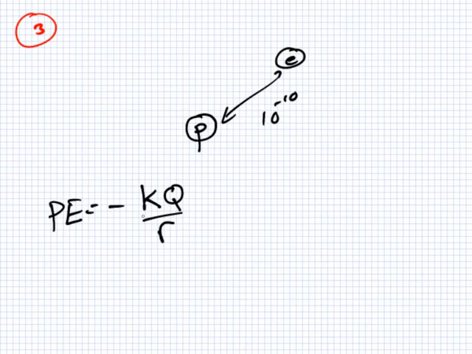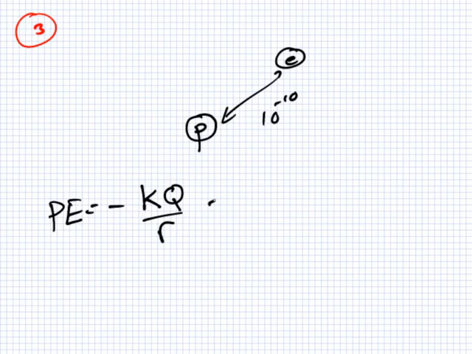The Q. Yeah. Okay. So 8.99 times 10 to the power of 9 times Q, divided by 10 to the minus 10.